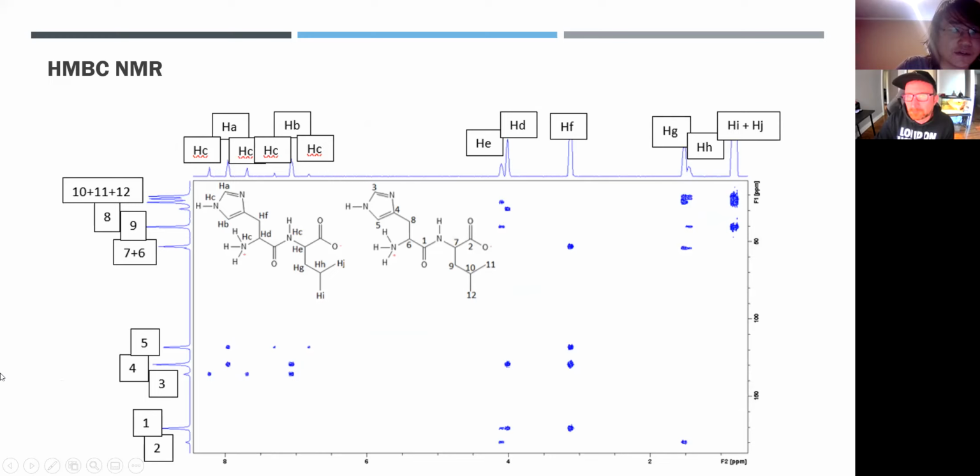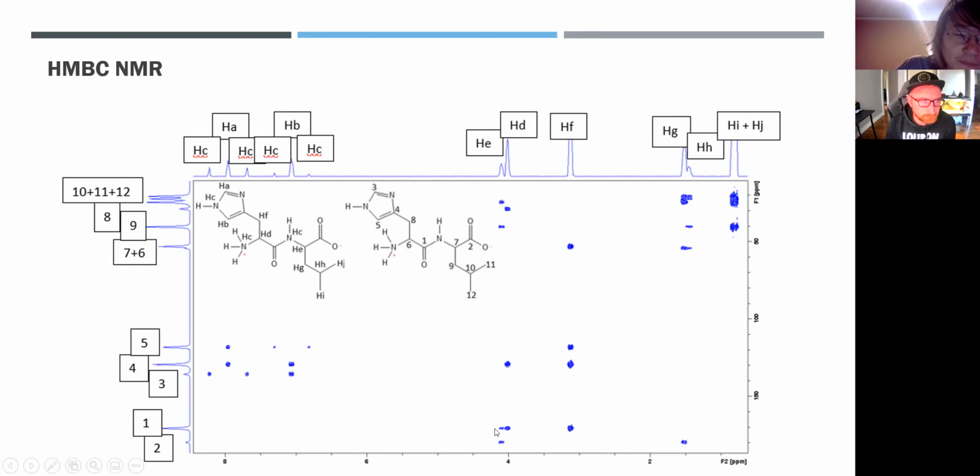This helped us figure out which of the carbonyl carbon peaks belong to which amino acid, because the carbonyl carbon on the C terminus only interacts with the methine protons on the C terminus, but the carbonyl carbon on the N terminus interacts with both methine protons on the C and N terminus.